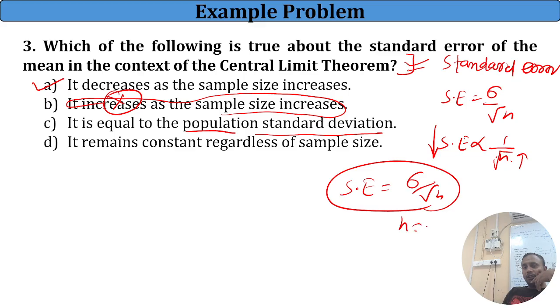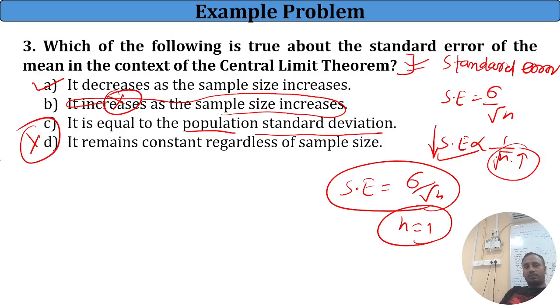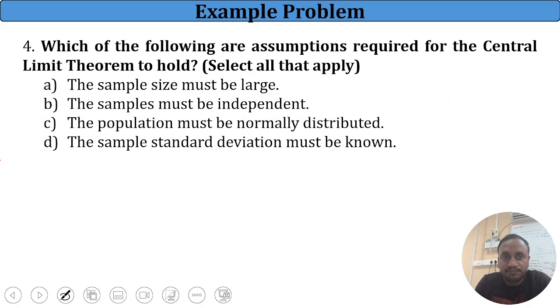When n is equal to 1. Because when we talk about the central limit theorem, it's going to talk about the sample. Does it remain constant regardless of sample? No, when the number of samples changes, this will change. So this also can't be the answer.